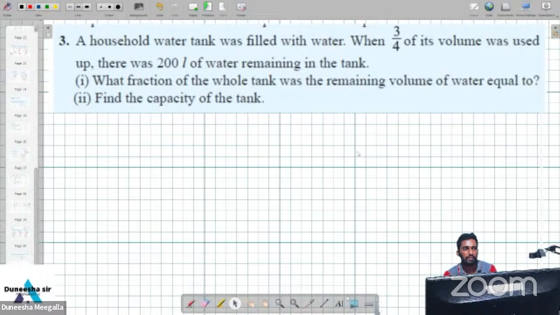Okay. A household water tank filled with water, when 3 over 4 of its volume was used up, there was 200 liters of water remaining in the tank. What is the fraction of the whole tank the remaining volume of water is equal to? Find the capacity of the tank. Okay. Try it first.